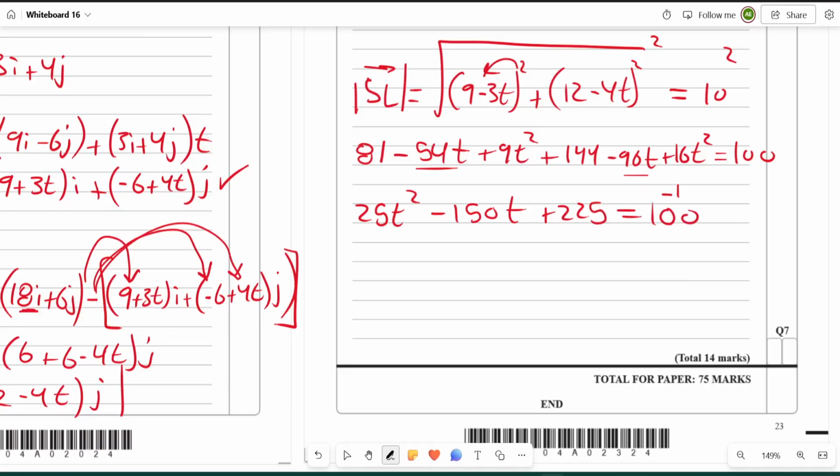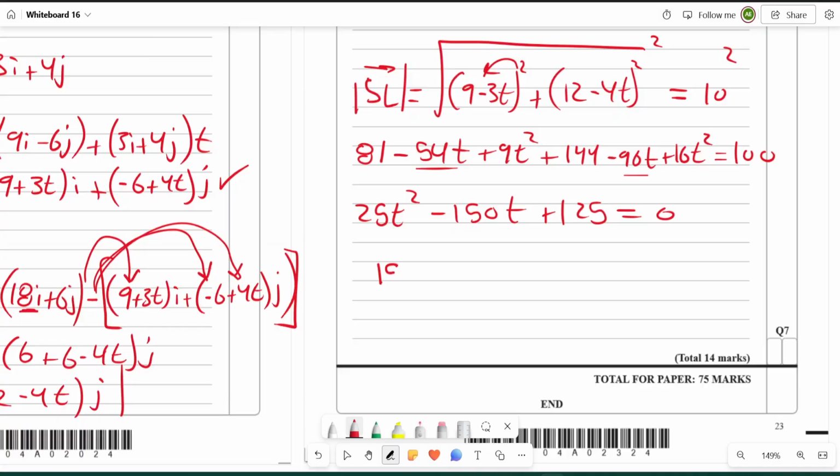So what I'm going to do is minus 100 on both sides. So this is going to be 0, and 225 minus 100 is basically 125. And from here, I can solve this using the quadratic. Are they all divisible by 25? Yeah, I can do that, divide and then factorize. However, I'll just use the quadratic formula straight away.